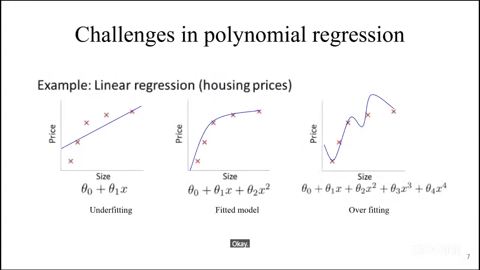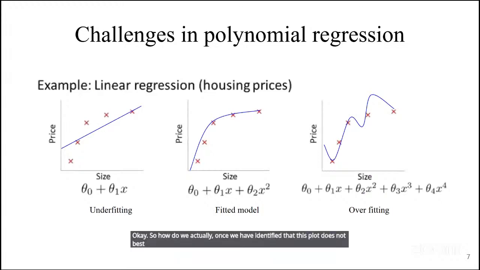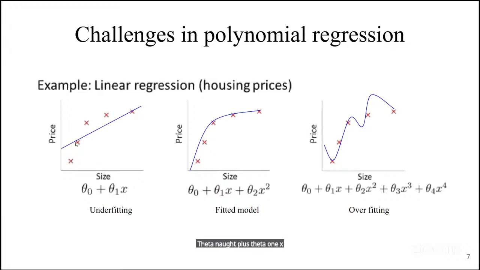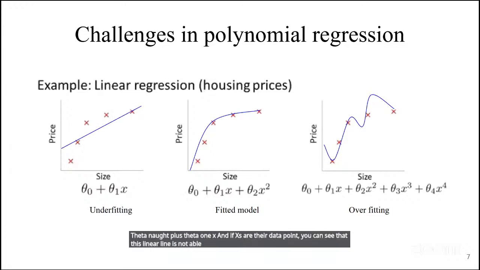So once we have identified that the linear model does not explain the data set, for example, this is your linear model theta naught plus theta 1 x, and if the x's are the data points, you can see that this linear line is not able to explain the data set.